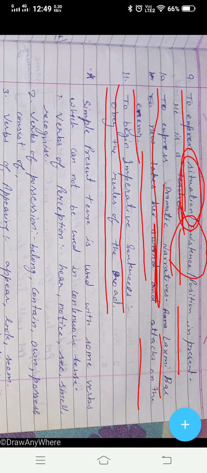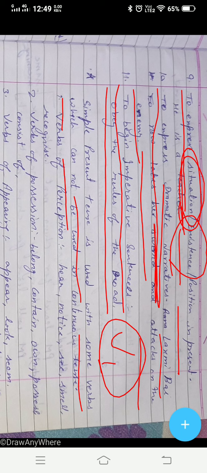These all things are imperative sentences, and these sentences start with first form of verb. Clear. Simple present tense is used with some verbs which cannot be used in continuous tense. यहाँ पे कुछ verbs दे रखे हैं, like verbs of perception.